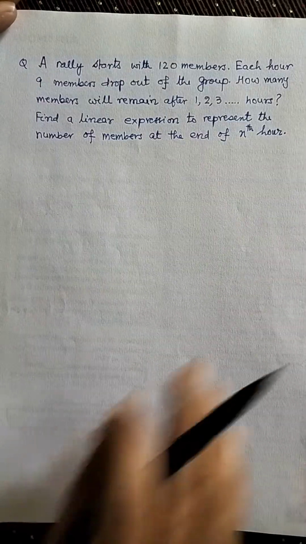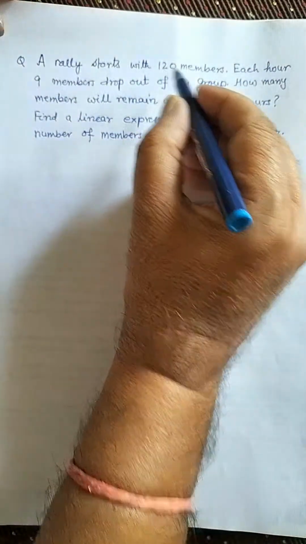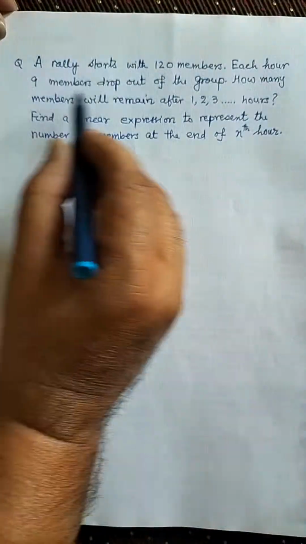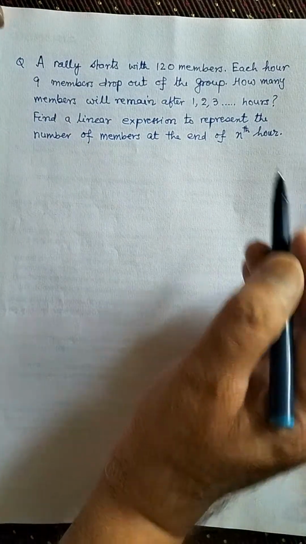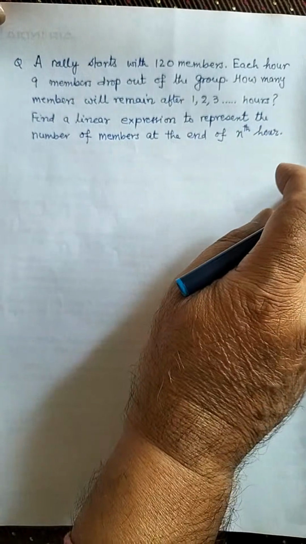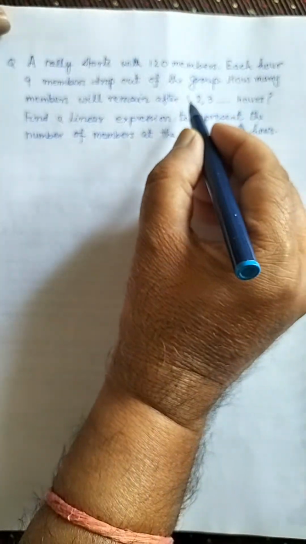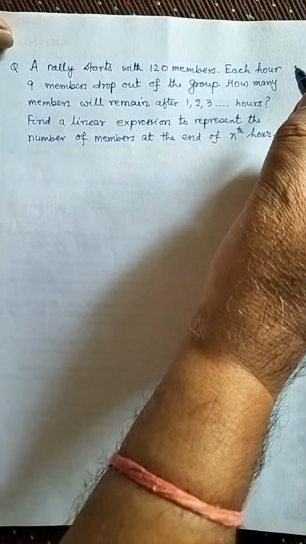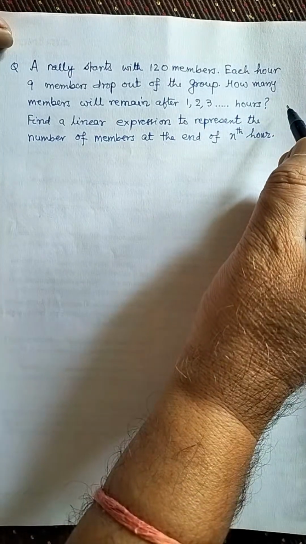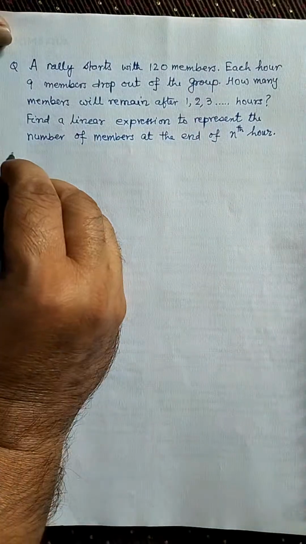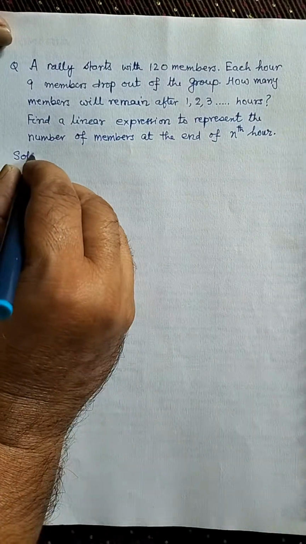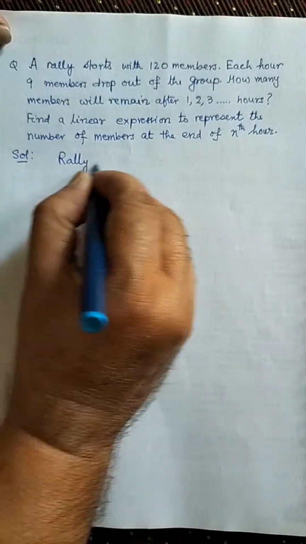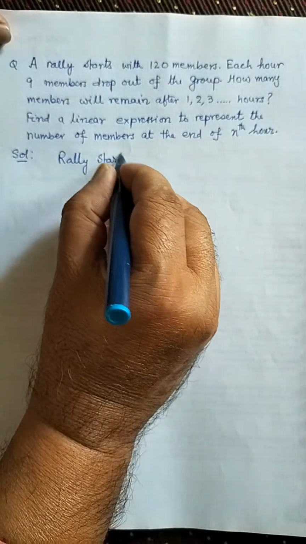The question is, a rally starts with 120 members. Each hour, 9 members drop out of it. How many members will be remaining after 1, 2, 3, and so on hours? So we have to develop a relation according to this given information. Solution. Rally starts with how many people?